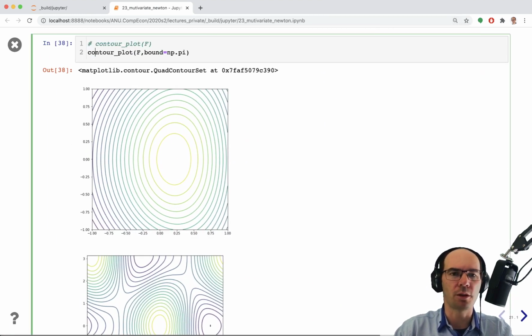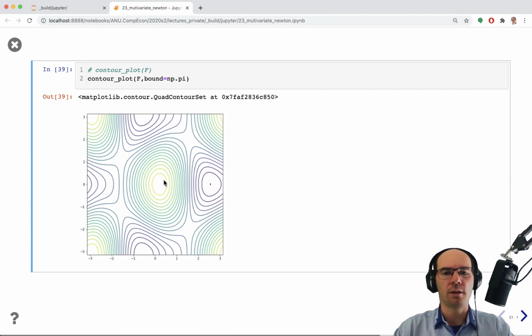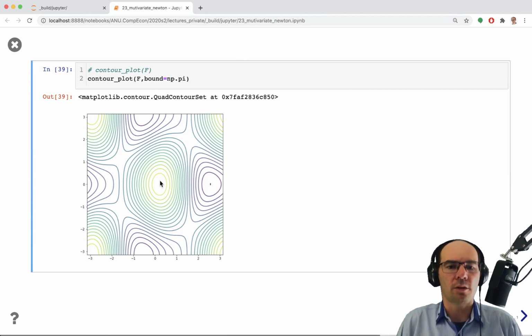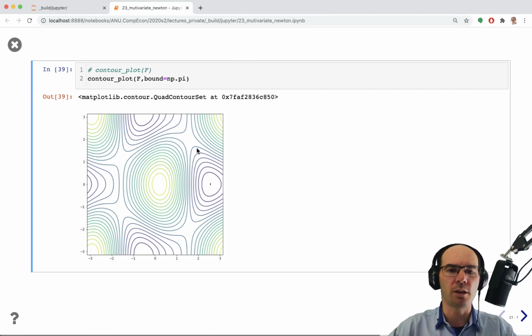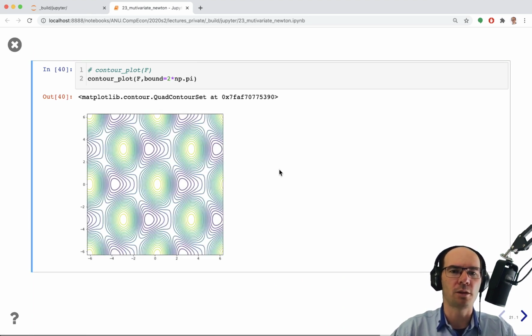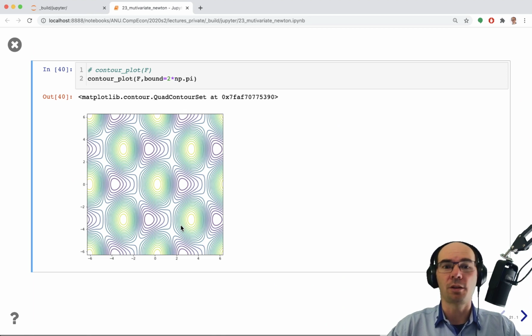Let me redraw this here. So you can see that there's a hill here surrounded by some valleys, some depression around it. And you can see there are some more hills. And if I plot it on an even larger scale, you can see there are a lot of hills. Essentially, this is like an egg carton.